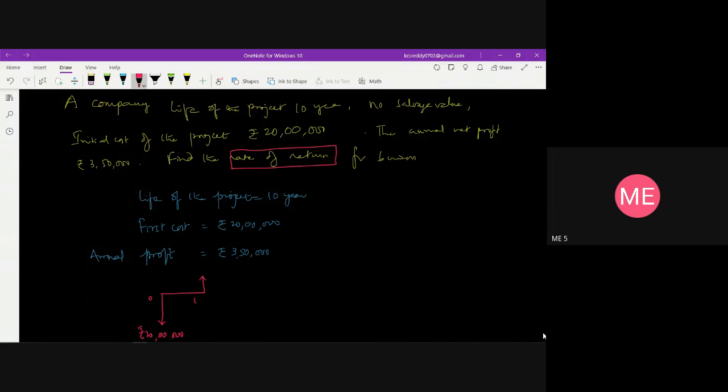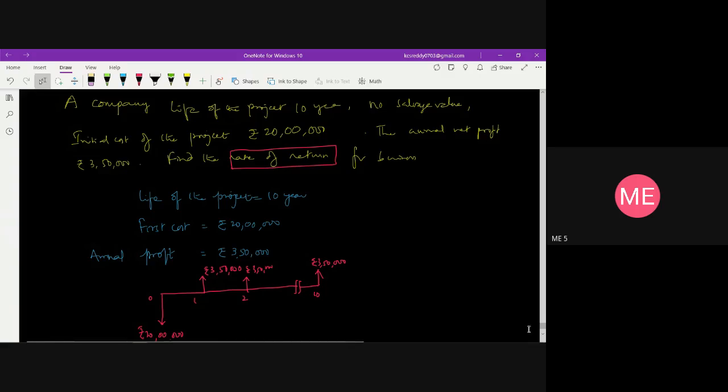That is a profit, rupees 3 lakhs 50,000. At the end of the second year, rupees 3 lakhs 50,000. Likewise, at the end of the 10th year. There is no salvage value, so I can write only up to this. We need to find the rate of return for this kind of business.